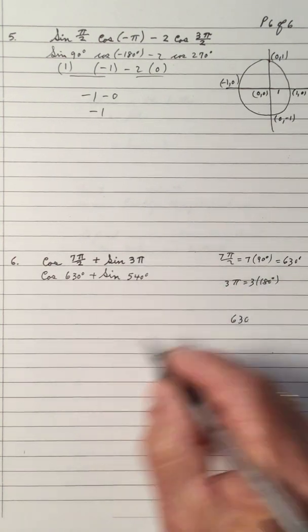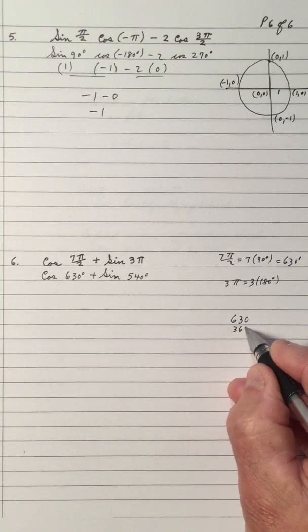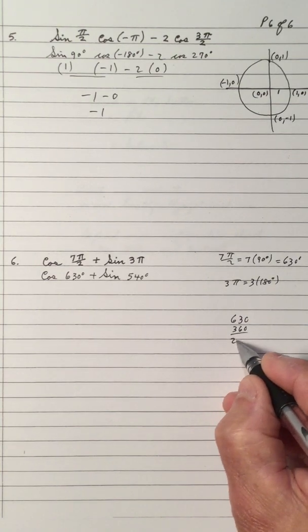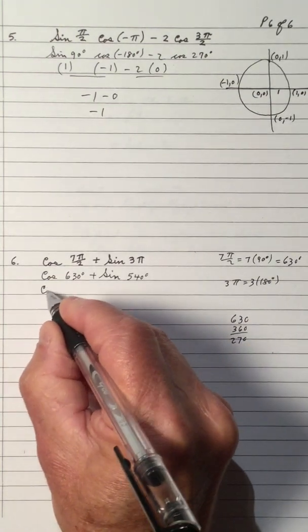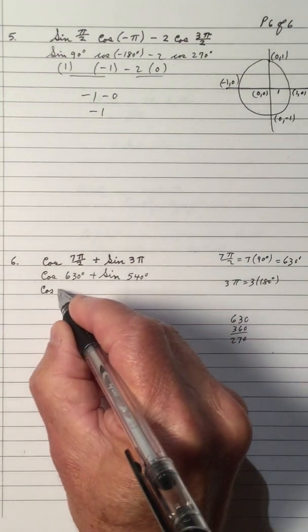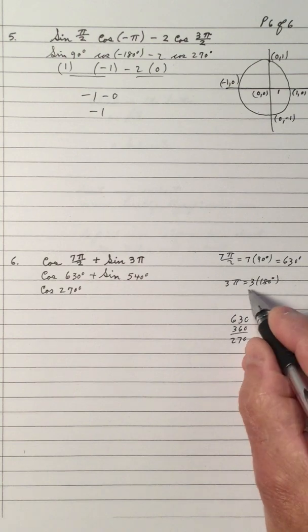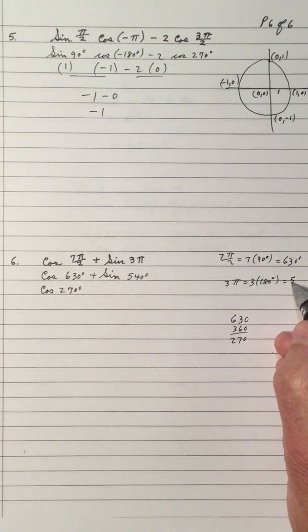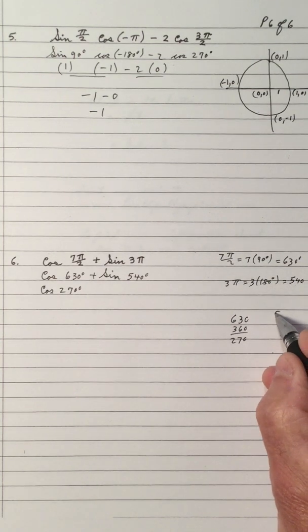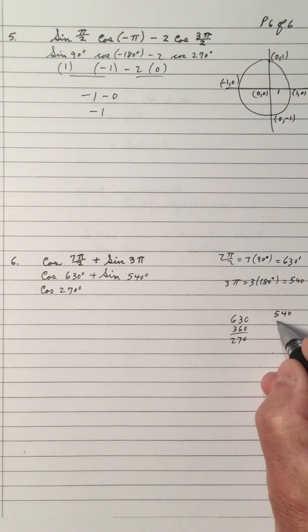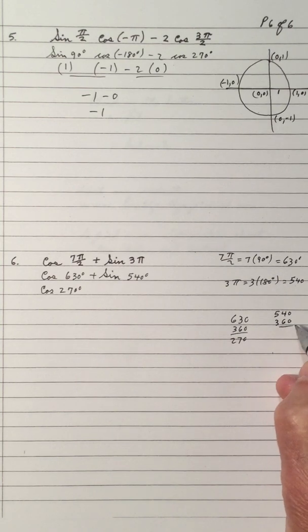you could graph it, but you keep going around. But if you take 360 off, then you'll get a 270. So the cos of 630 is the same as the cos of 270. And if you got 540, which is too much, you bring it down, you subtract 360, you will get 180.